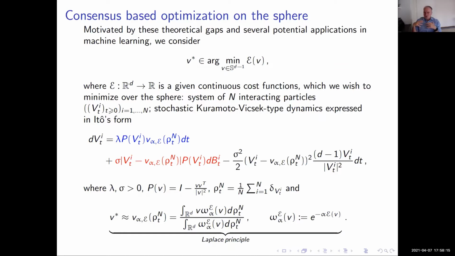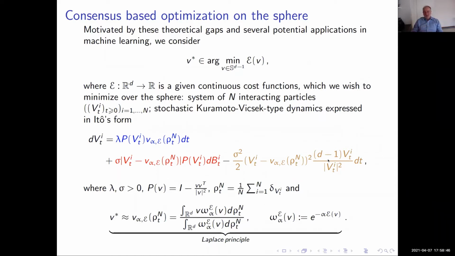And in order to really be able to keep everything on the sphere, and I will explain why this third term comes into the game, you need to have a correction term that comes from Ito calculus. So this is a sort of second order information that you have to inject in the system in order to keep the system on the sphere. Okay, so this is the system of stochastic differential equations that defines this consensus-based method.